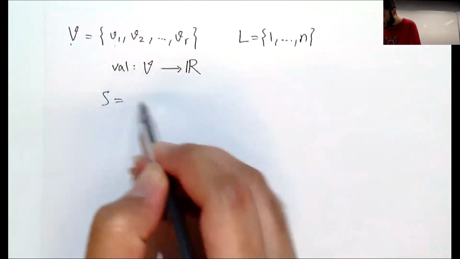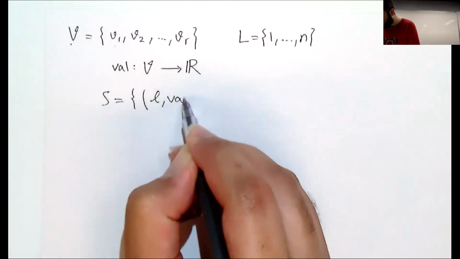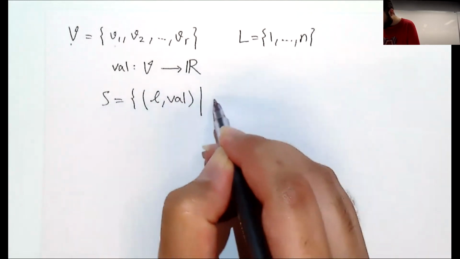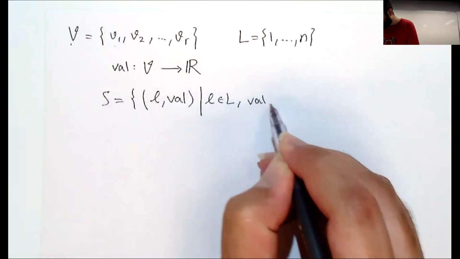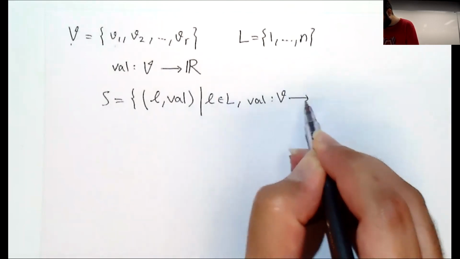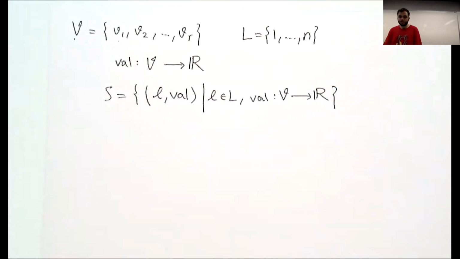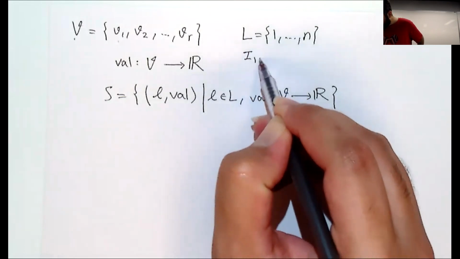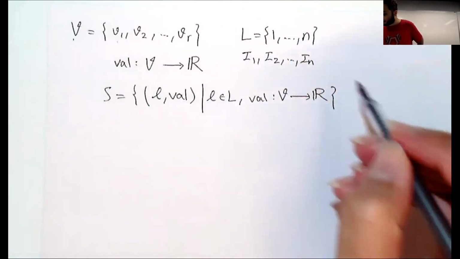So my set of states would be the set of pairs of lines and valuations, right? Where L is a line of code, and my valuation is basically a function, right? And other than this, I also have a bunch of invariants, right? I have I1, I2 to IN. These are my invariants.